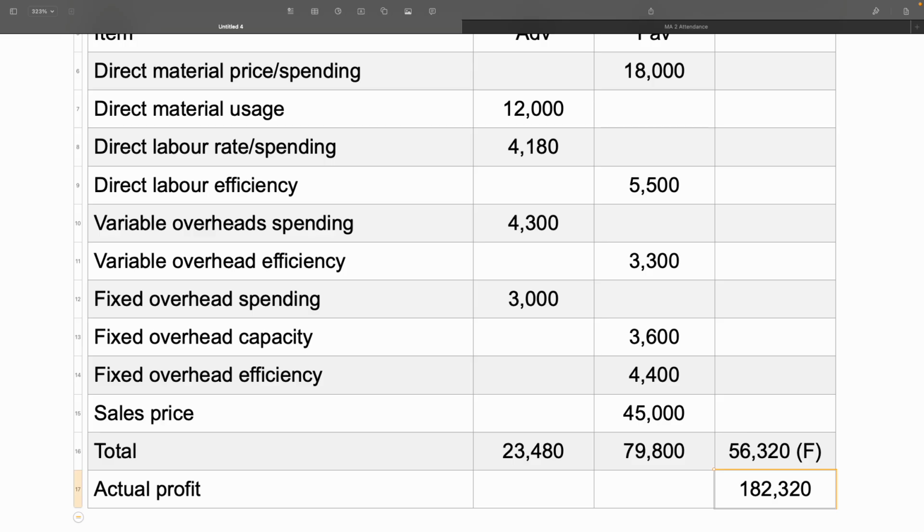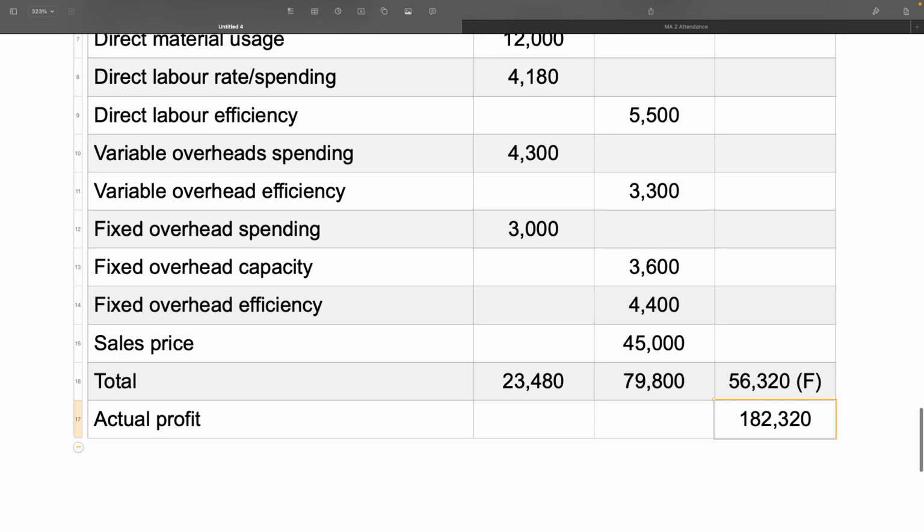Right. Therefore, this is called reconciling the balance. Okay, that covers the first part.